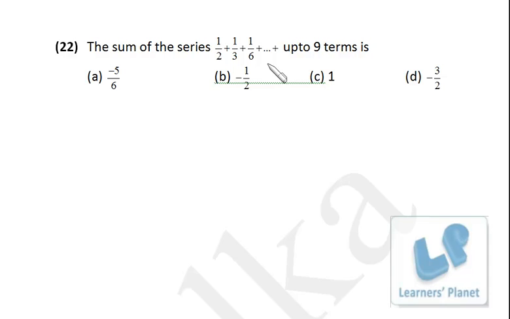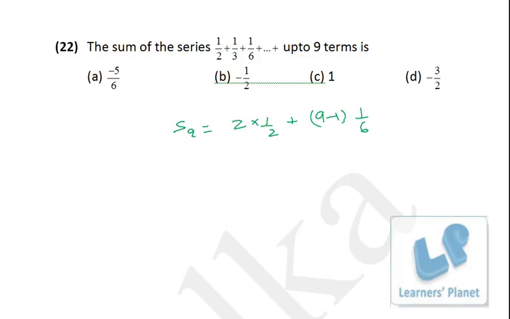Now we can use the formula for the sum of 9 terms. So S9 is equal to 2A plus 9 minus 1 into D. D will be the difference between two consecutive terms, so that will be 1 by 6.